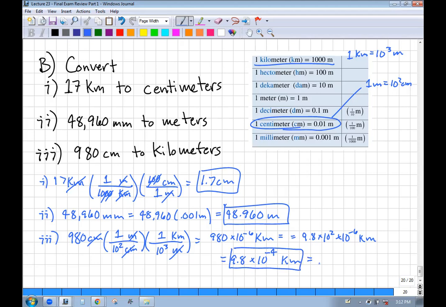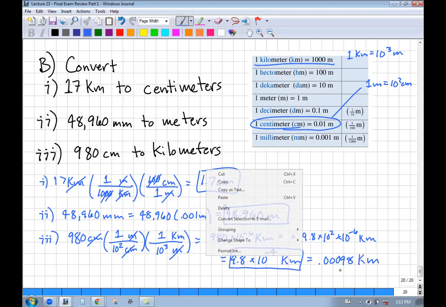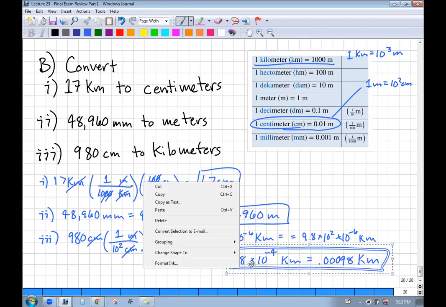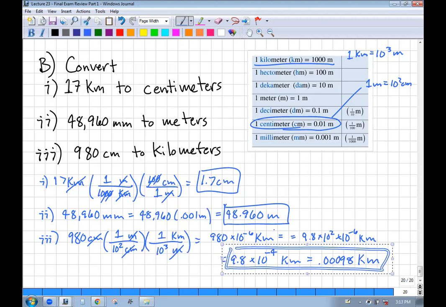Or you could put, let's see, if I move this to the left 4 times, 0.00098, is that right? 1, 2, 3, 4 kilometers. All right, these are the two answers I'd accept. All right, this one's correct, but it sucks. Right?